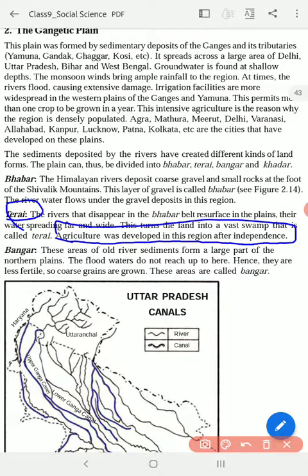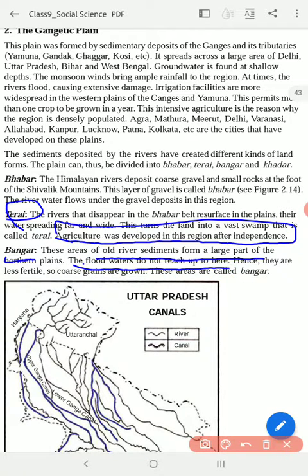After this landform, we have Bangar. As the river passes this region, almost the whole of UP and then Bihar, these are areas of old river sediments. The river continues to bring all the sediments, silts and deposits here, and the water does not reach up to this region.